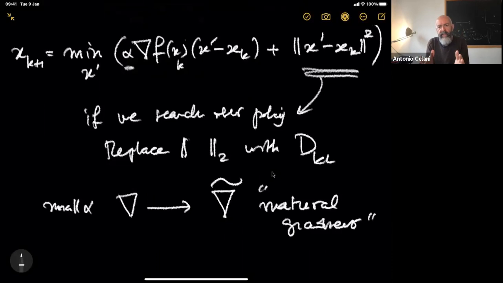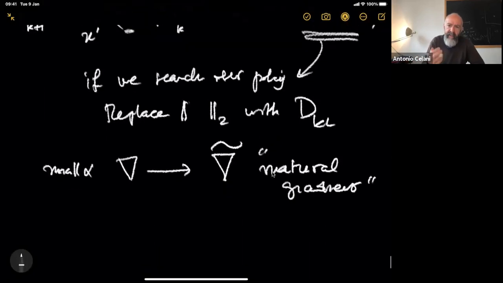This natural gradient is just a sort of deformed version of your actual gradient. In fact, you can write down an explicit form for this natural gradient, which again I'm not giving to you, but I will point you to papers that discuss this in detail. I will upload them on Slack.